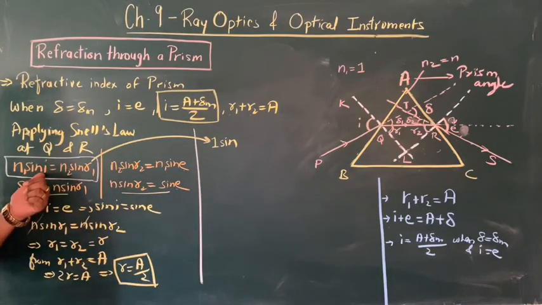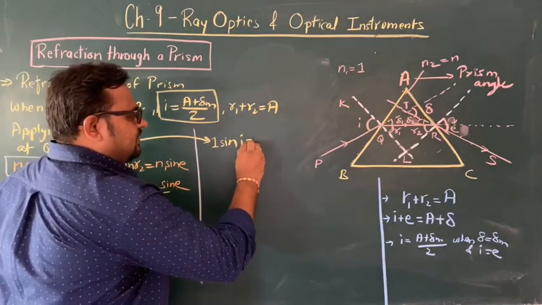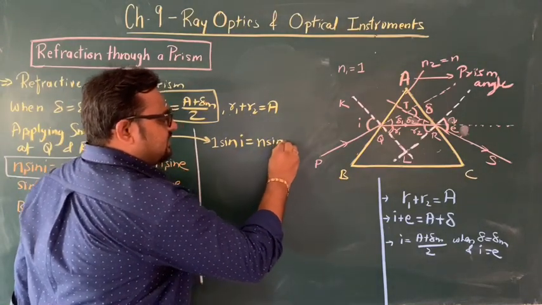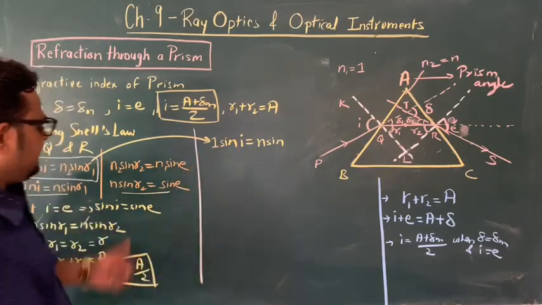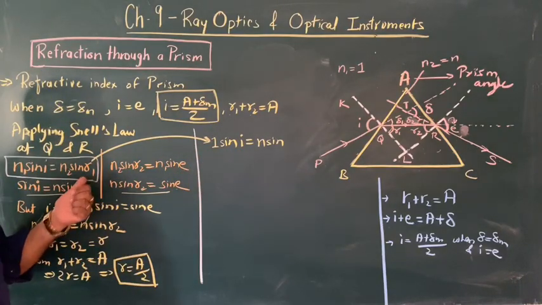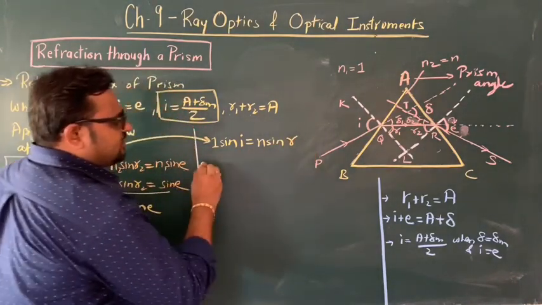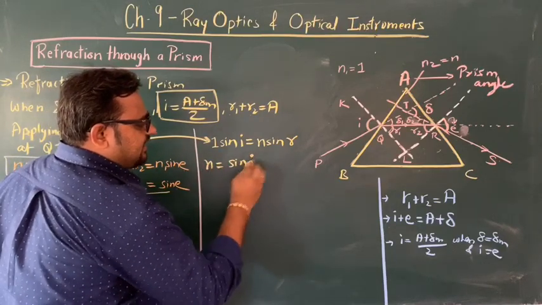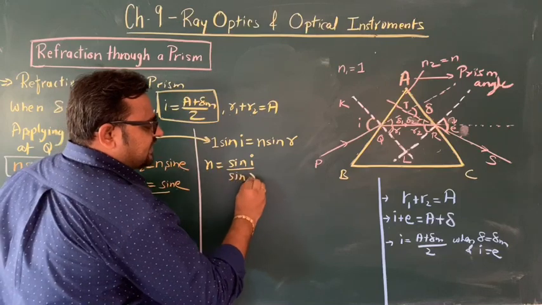What is, let's place first sin i equal to n2. What is n2? n sin r1. Okay, and what is r1? We have taken it r. So n is equal to sin i upon sin r.